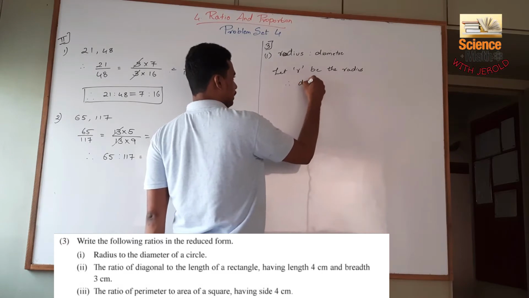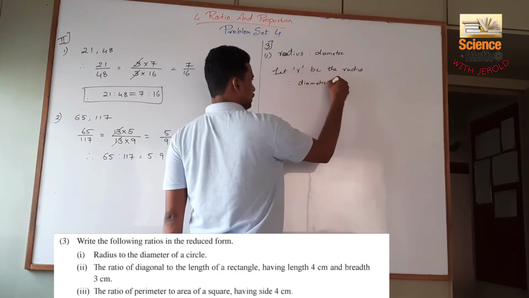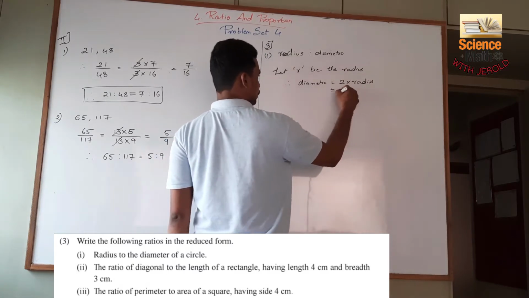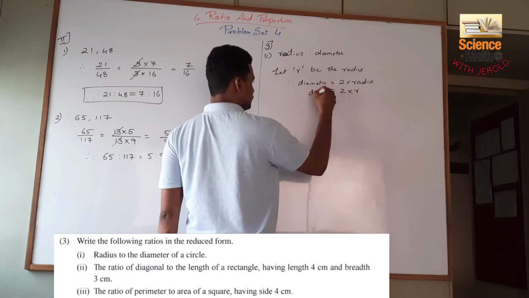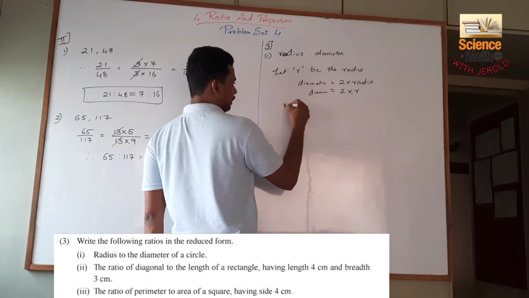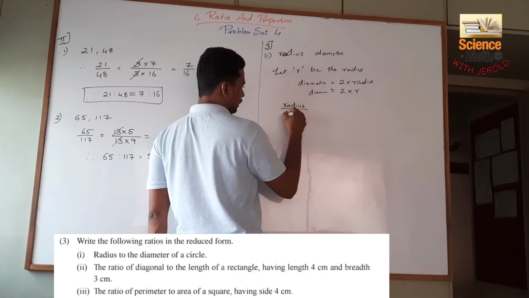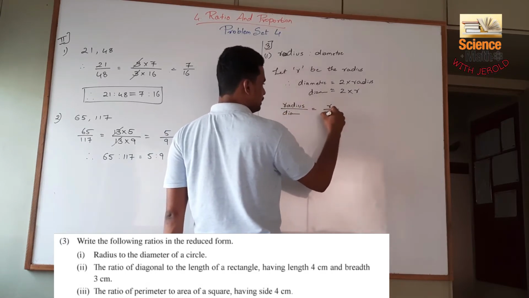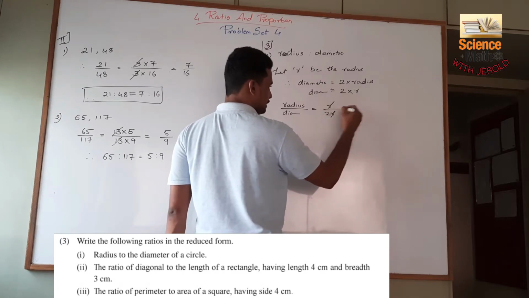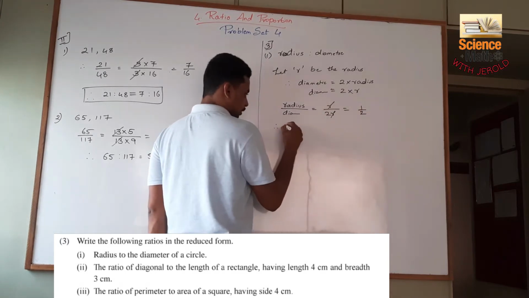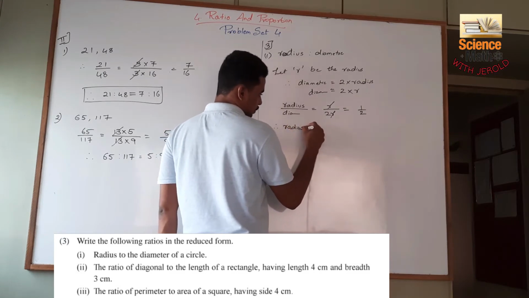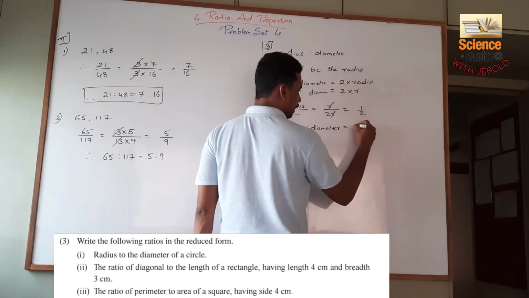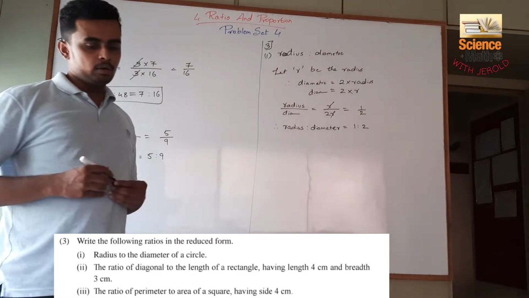Therefore diameter is equal to 2 times radius, which is 2 multiplied by R. Our ratio radius upon diameter is R upon 2R, as radius is R and diameter is 2R. R will get cancelled and what I am left with is 1 upon 2. Therefore radius is to diameter is equal to 1 is to 2. This is our required ratio.